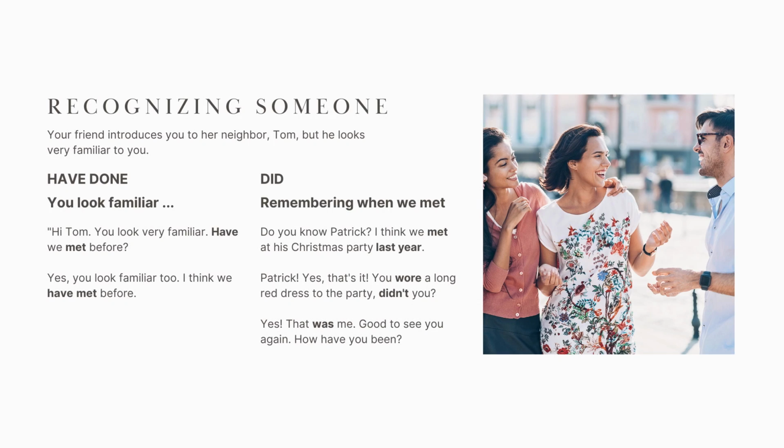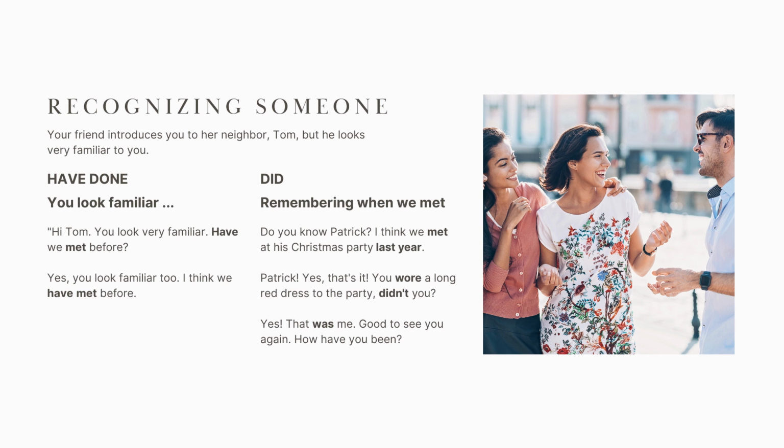So maybe I continue going, do you know Patrick? I think we met at Patrick's Christmas party last year. Now, do you notice? I've switched to the simple past. I think we met at Patrick's Christmas party last year.